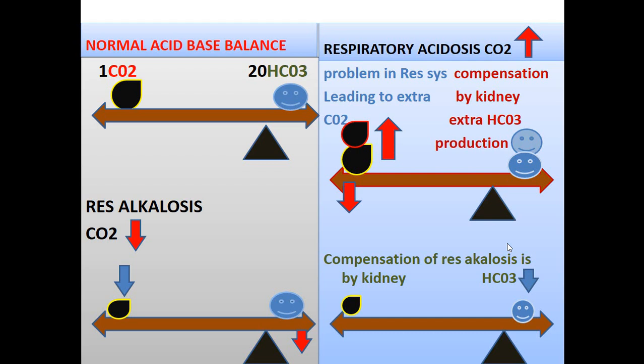Now, there are two types of the acidosis and there are two types of the alkalosis. Whenever the acid is more, this is acidosis. When the cause of this acidosis is a fault in your respiratory system, if your lungs are not performing their function properly, then we will call it a respiratory acidosis.